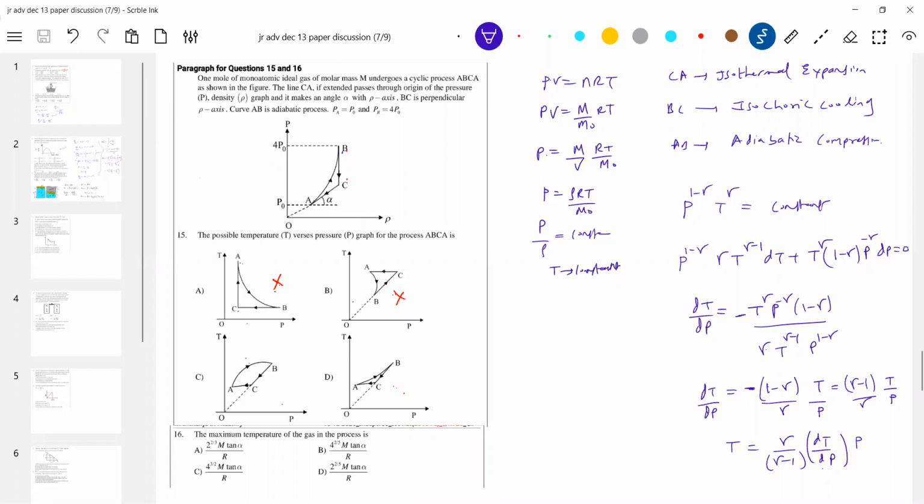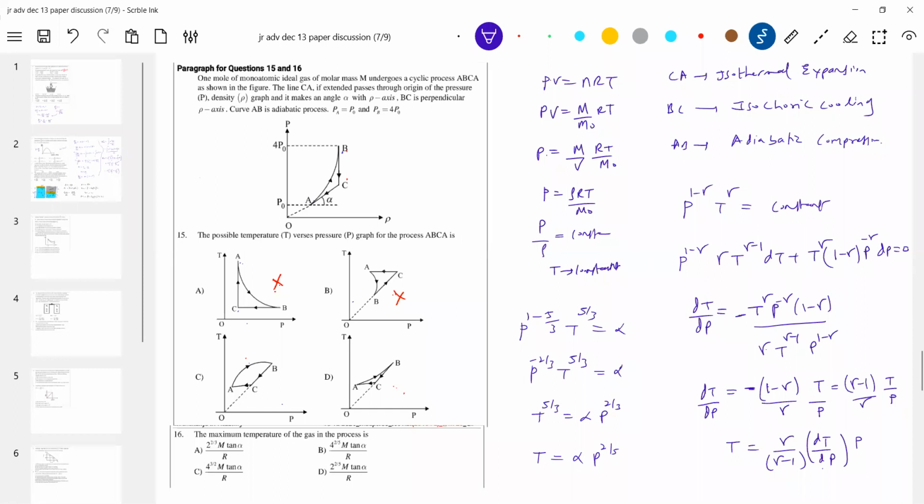Okay, let's do one thing. T to the power of 5 by 3 will be P to the power of 2 by 3. I think this will be much easier. 5 by 3 equal to alpha. Okay, anybody?